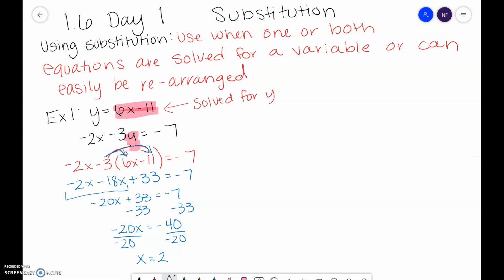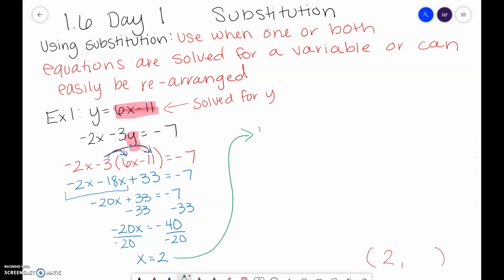If we remember from graphing, our final answer should have a coordinate point. So our final answer would be a coordinate point, and we know that the x is 2, but now we need the y. So we're going to take this and plug into one of our original equations.